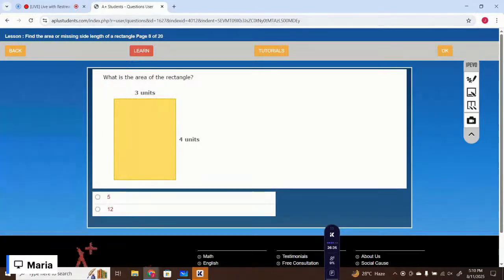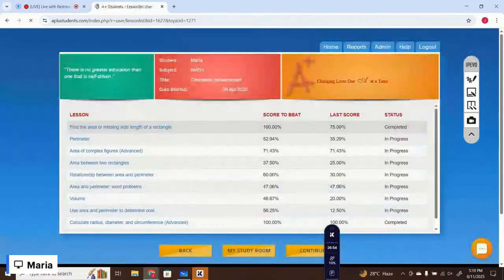What is the area of rectangle? That is 12. Option number 2 is the correct option. Okay, you can complete the lesson by yourself later today. Let me just move on to the next lesson.